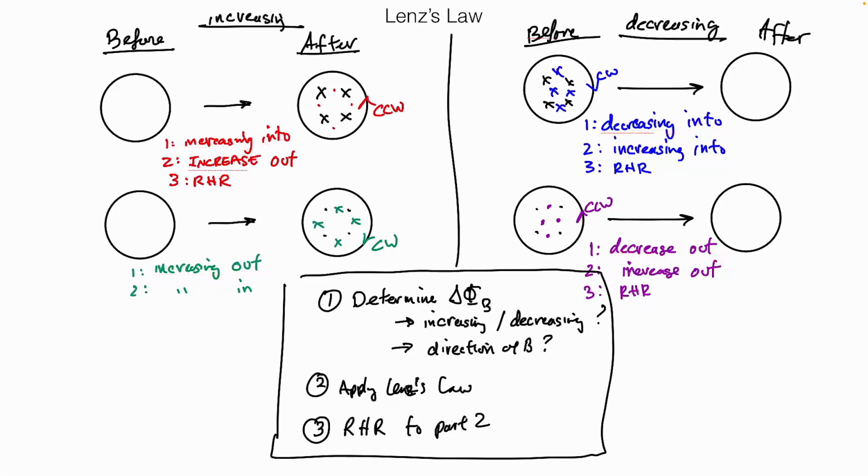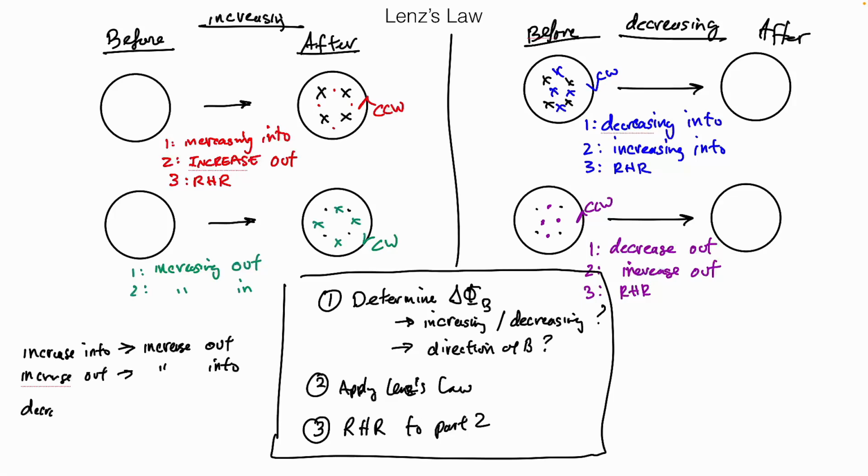Another way to summarize Lenz's law is that an increase into will be fought with a what? An increase out. An increase out will be fought with an increase into.